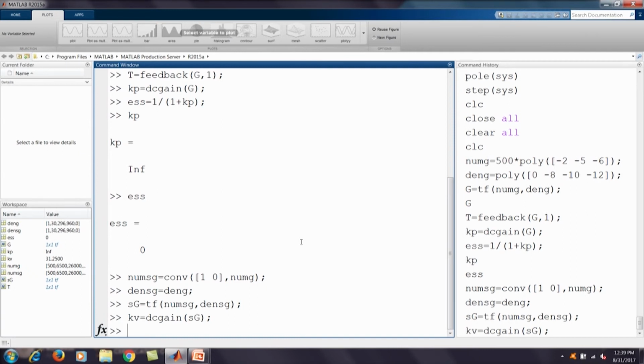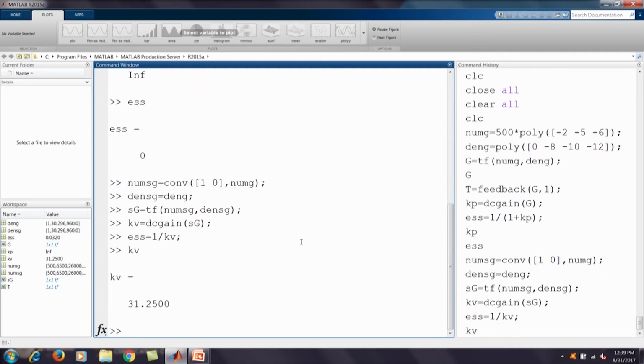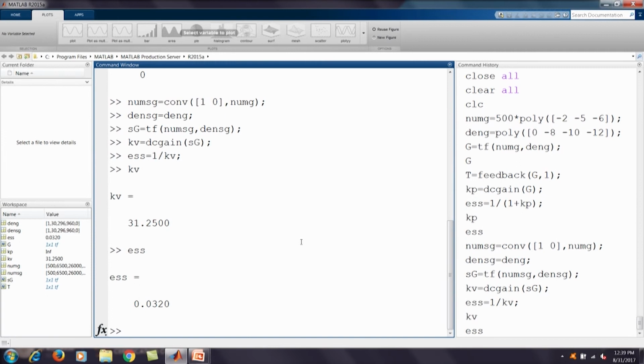And ESS now equals 1 by Kv. We can see Kv equals 31.25. So this is a type 1 system, we are getting a finite Kv value and we will get a finite error. We are getting 0.032 steady state error for this system.